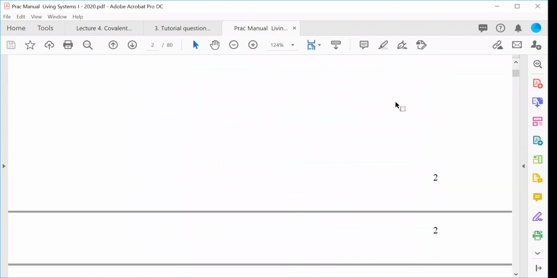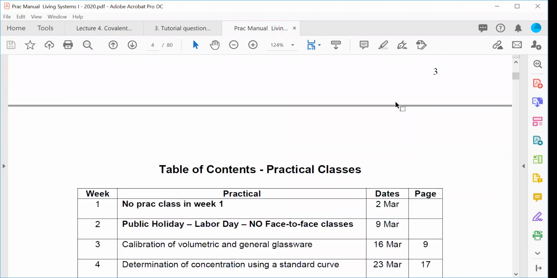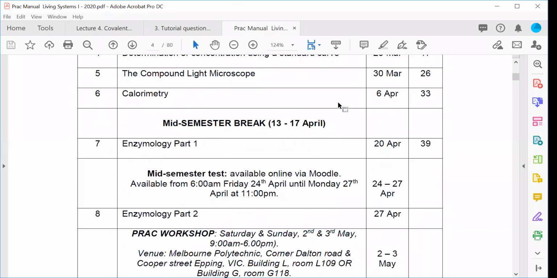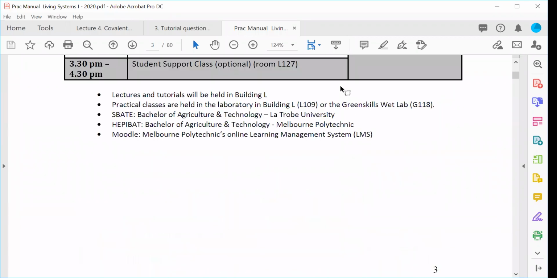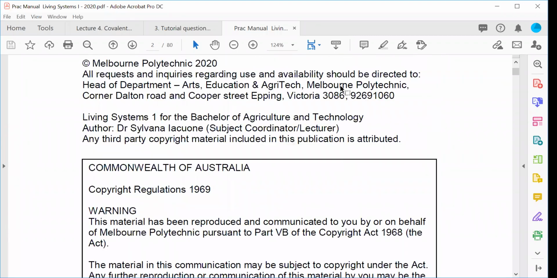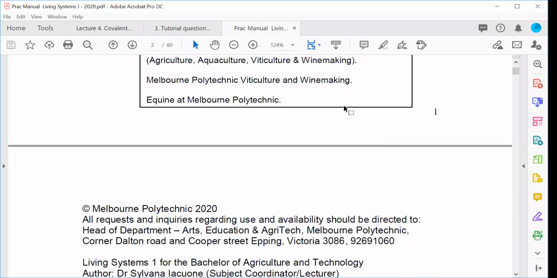You will get a hard copy of this prac manual. So that's the prac manual for students that would like to do a bit of early reading up on the practicals.